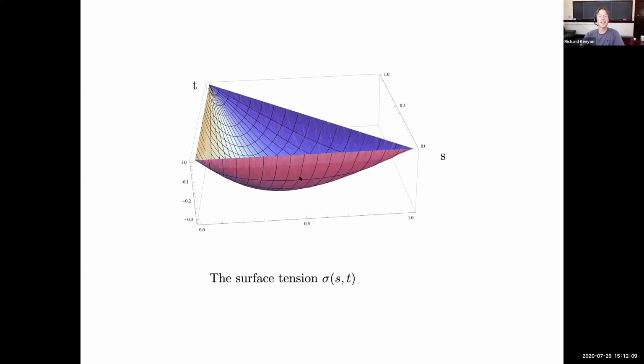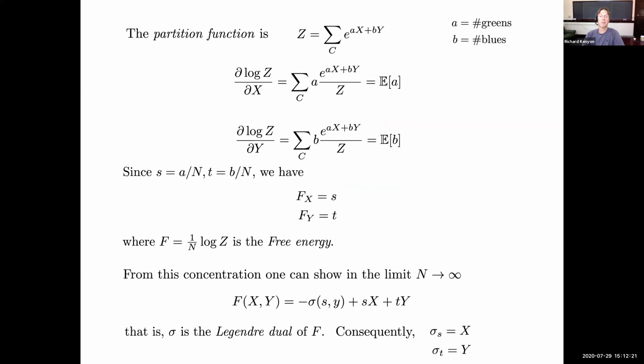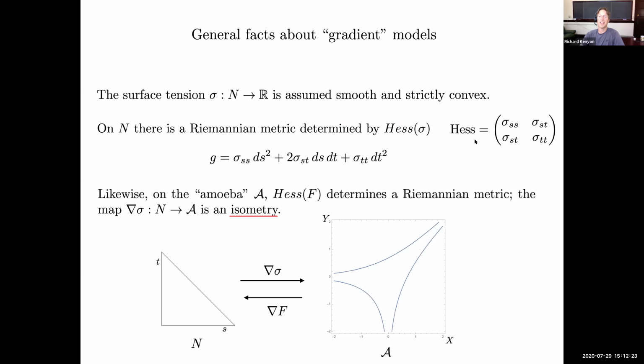There's the s coordinate there and the t coordinate there. Those are my 2 coordinates, and here sigma is some nice strictly convex thing. Now, it has a Hessian matrix, a matrix of second derivatives, and from those entries in the Hessian, you can make a Riemannian metric: sigma_ss, sigma_st, sigma_tt. Those define the entries in this metric G. That's a metric which lives on N.